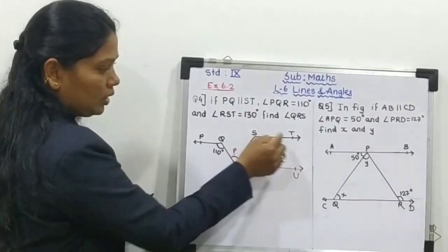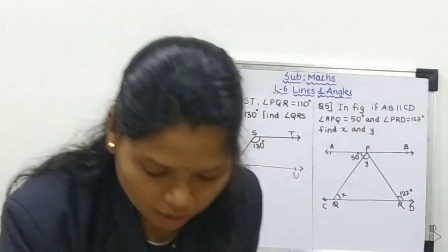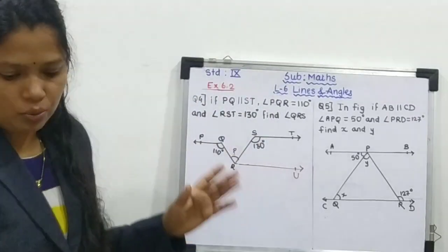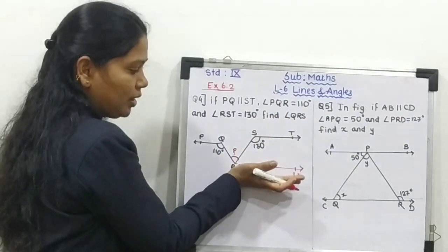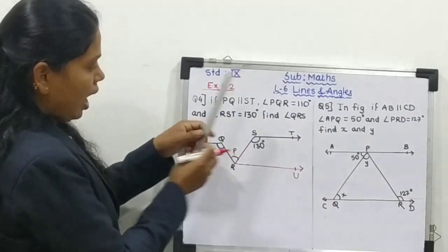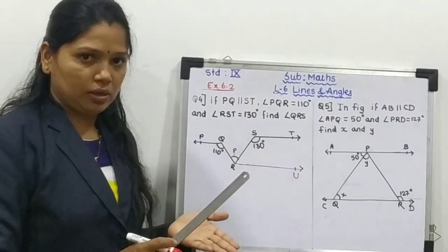See, ST is parallel to RU, right? They have not given the name, so only RU is written. Now, if ST is parallel to RU, and RS is what? Transversal, right?